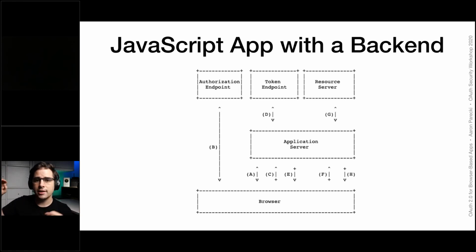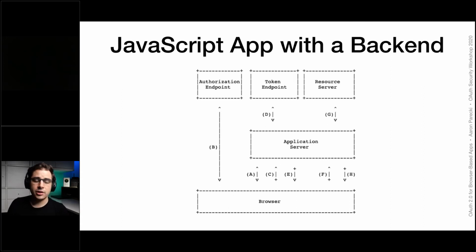And then instead of sending the tokens to the browser app, instead of sending the tokens to the JavaScript client, the application server actually keeps the tokens itself, keeps the access token and the refresh token itself, and issues a new session ID, using whatever session mechanism it has available, with a secure HTTP only cookie to the browser.